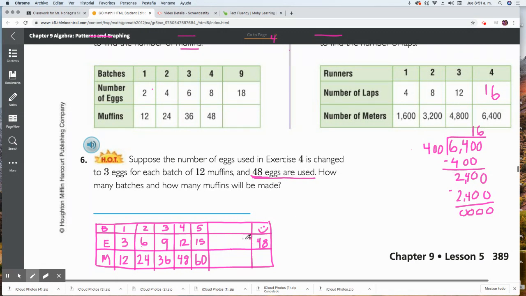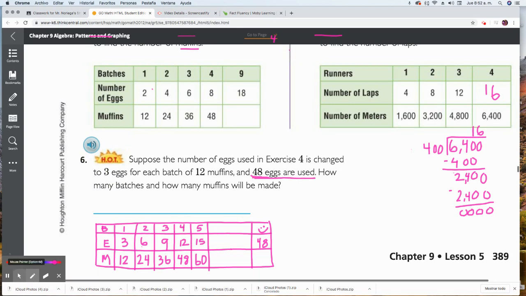So what number goes down here? To find that number, I need to use the rule that I am using. Each time the number of eggs increases, what do I do to the number of eggs to equal the number of muffins? I'm multiplying, because the rule up here says to multiply.